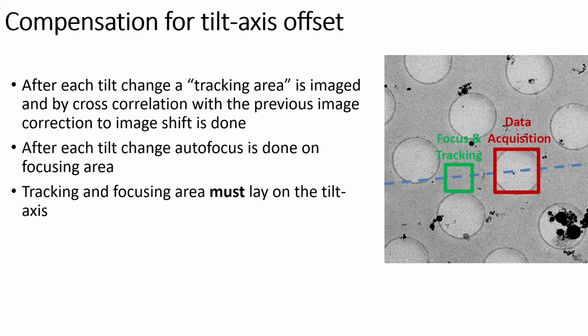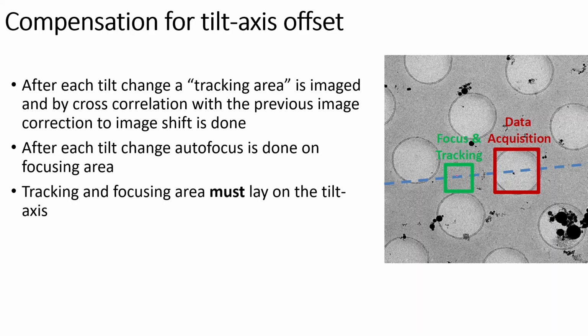So after each tilt change in the tracking area, you take an image and cross-correlate the image of this tracking area with the previously known image of the tracking area from the previous tilt and make some corrections. If you see by cross-correlation that it shifted, then you make a correction in shifts so that your data acquisition area will be acquired at the same position.